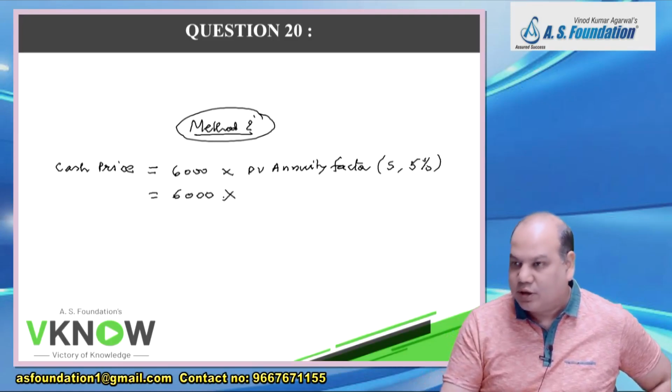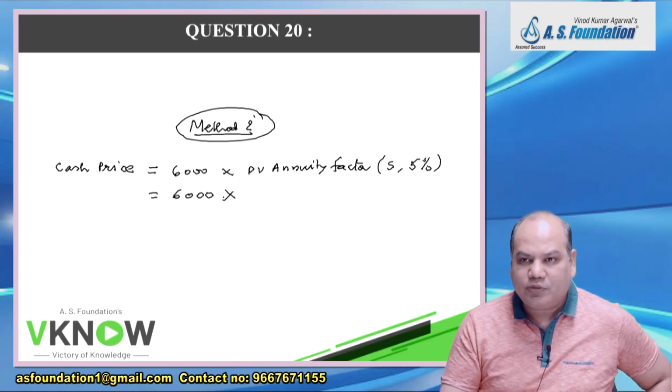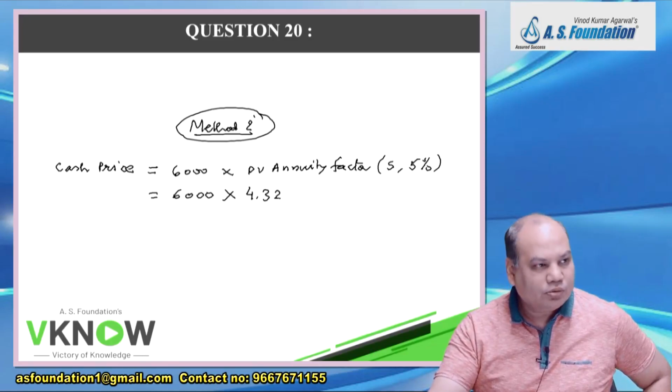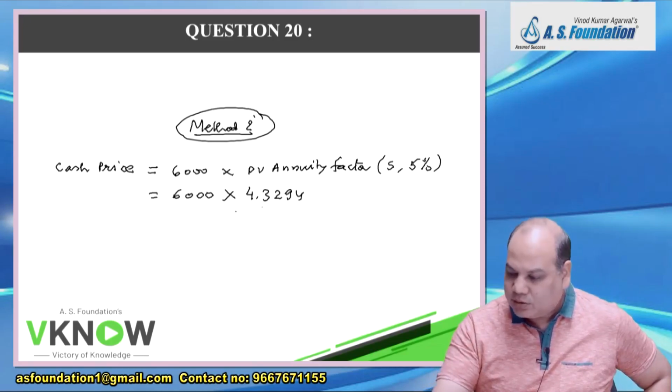Now take your calculator. 1 divided by 1.05, press equal to 5 times. Press GT function. 4.3294. Multiply.